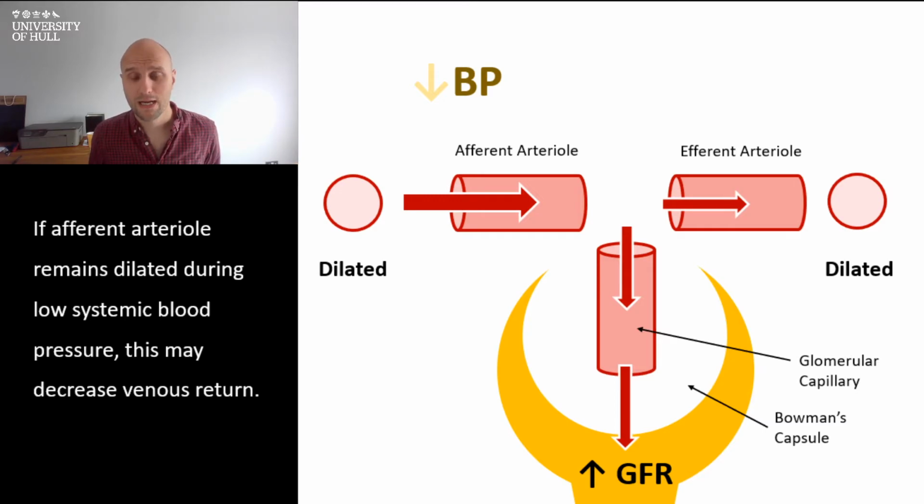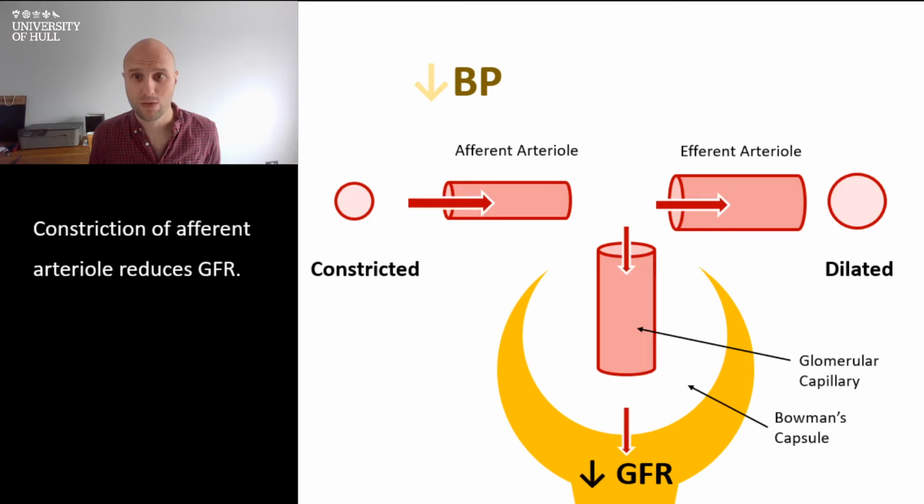So what can happen is that we can constrict the afferent arteriole at the entrance to the nephron, and this reduces both the blood flow into the efferent arteriole and, crucially, into the glomerulus, which will consequently reduce the glomerular filtration rate.